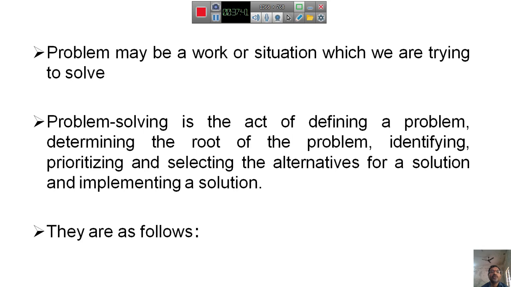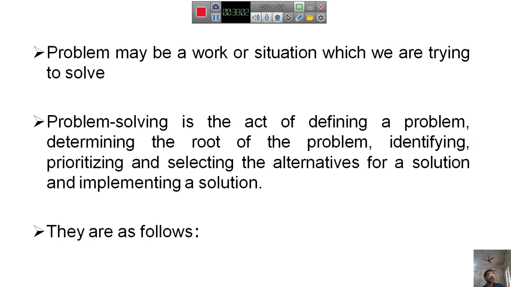I have clearly explained what a problem is, how to solve the problem, and what the steps involved in problem solving are.